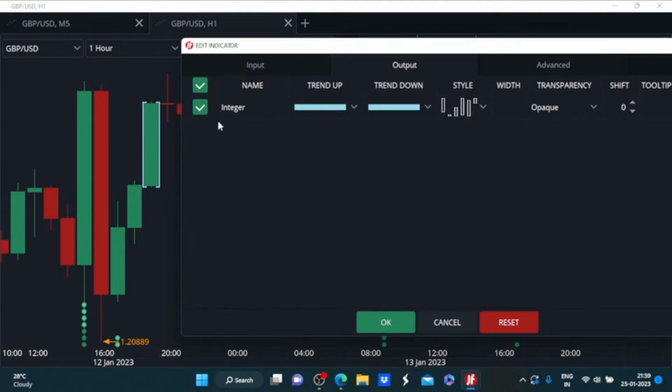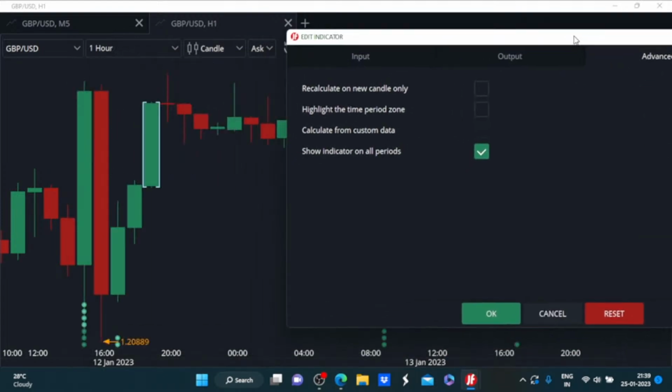Then if you want to have this pattern recognition look prominent on the chart, go for a higher opaqueness. But if you want to lower its prominence, then you can go for a higher transparency value. So if you make it highly transparent, then the prominence is going to drop. But if you make it less transparent, then it becomes prominent.